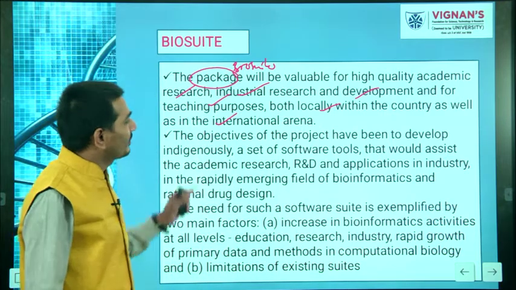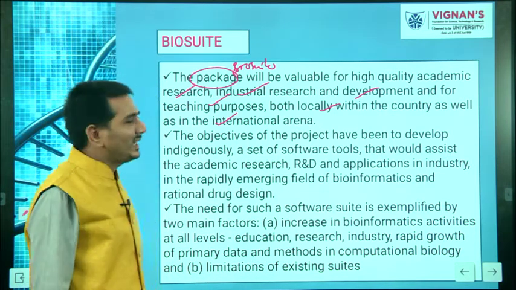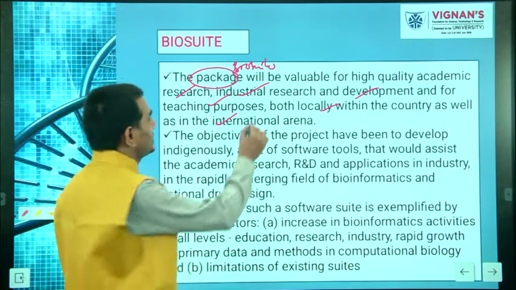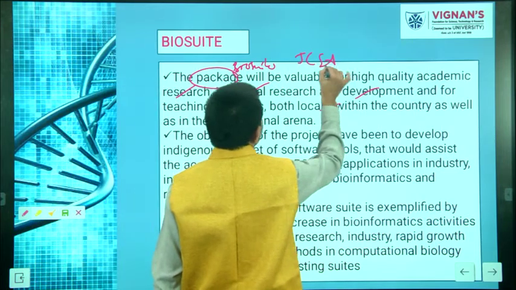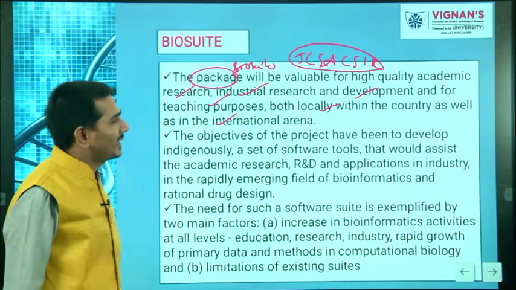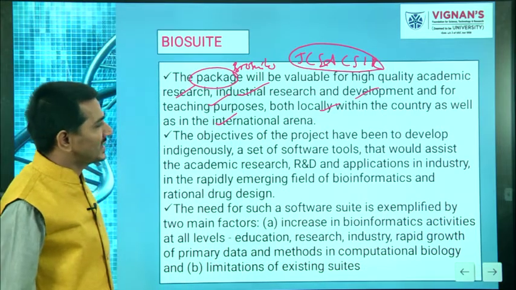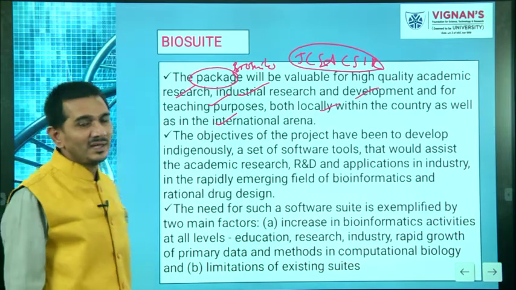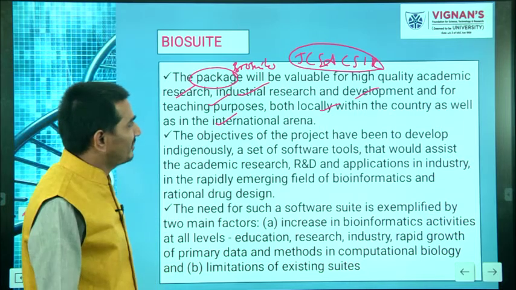As I mentioned earlier, Biosuite is mainly designed by TCS and CSIR, which took an initiative to bring a platform between the industry and academia, and it resulted in the development of this Biosuite software package.